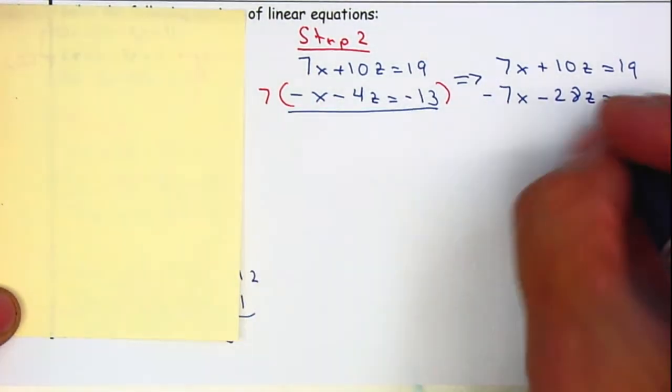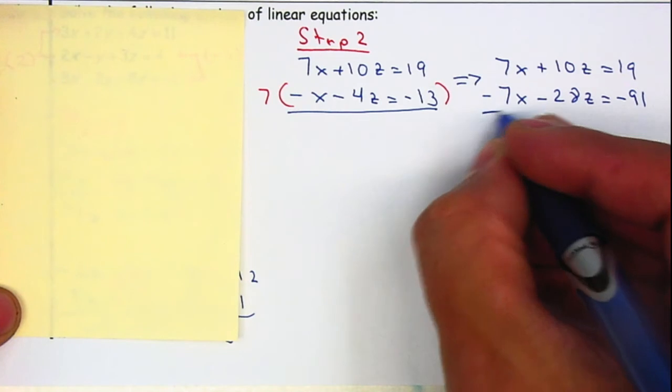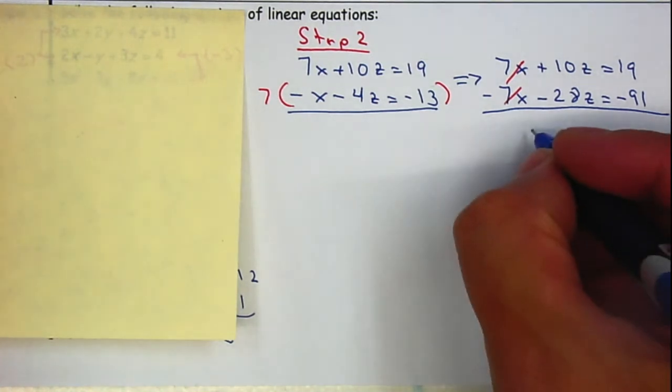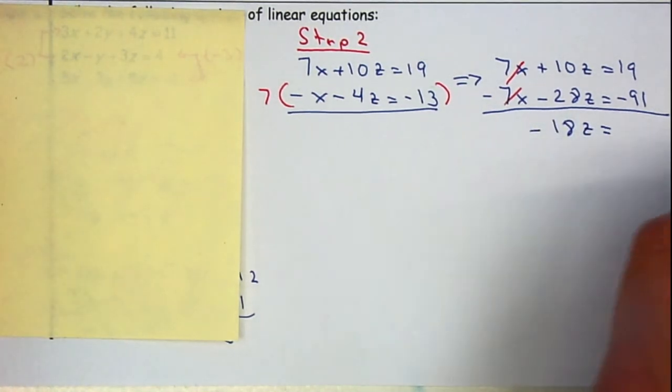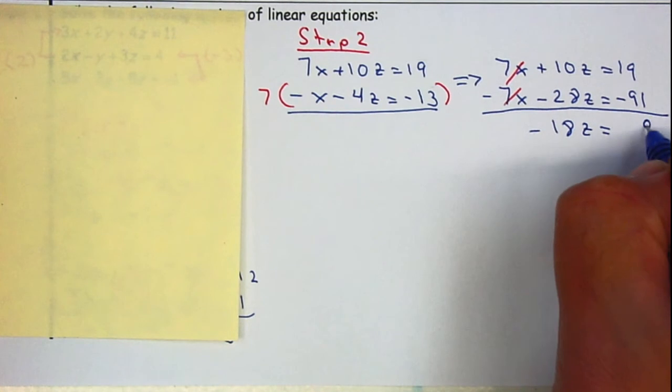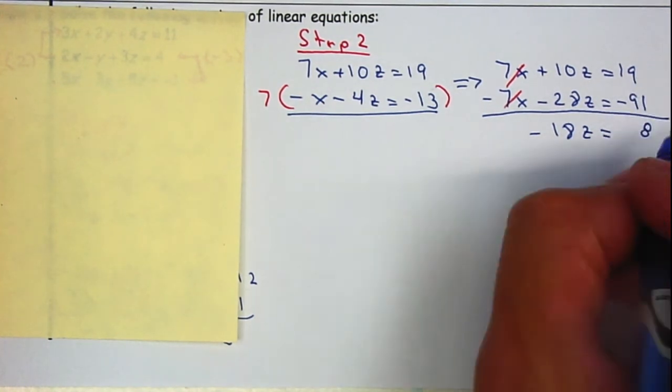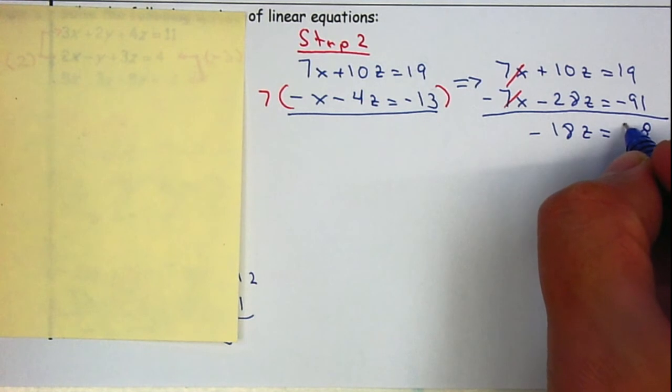The bottom one will become a negative 7x minus 28z is equal to negative 91. The x's cancel just like we wanted to. This becomes a negative 18z is equal to 72. Actually, that gives me a 72.